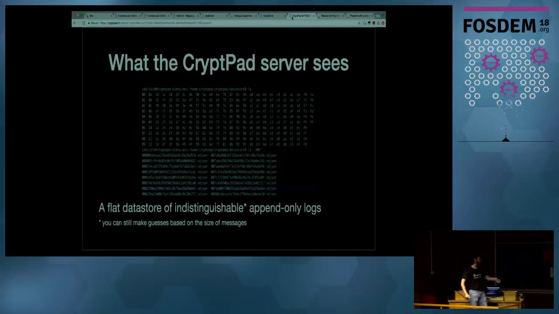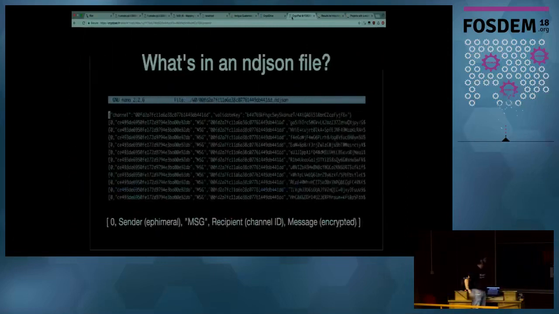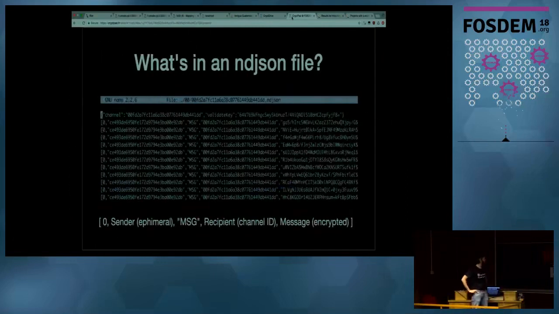They're basically indistinguishable append-only logs, and we can make guesses about them by the pattern of sizes of encrypted messages in them, but other than that, they're indistinguishable. And this is what you see inside of a log. It's basically the sender, message, recipient, and the content, which is encrypted, and that's all the server sees in any file. It doesn't know if it's a drive, a pad, or a presentation or anything.